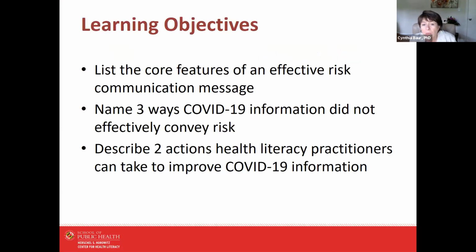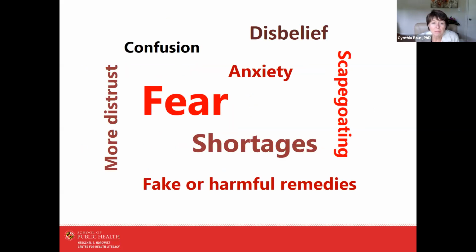The learning objectives for this afternoon are to look at the features of effective risk communication messages, to look at 3 ways that COVID-19 information has not matched those effective features, and then to describe 2 actions that health literacy practitioners can take to improve COVID-19 or really any information related to health risks. So we know that the information environment for COVID-19 has been very complex even from the beginning.